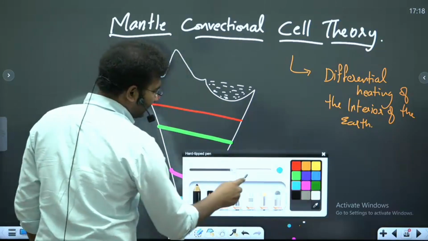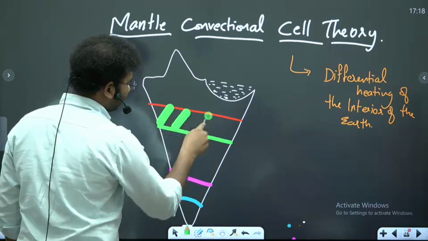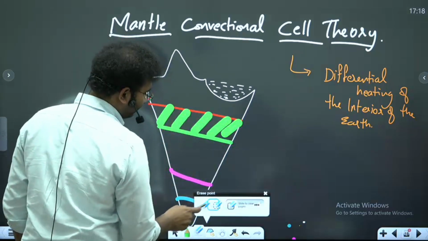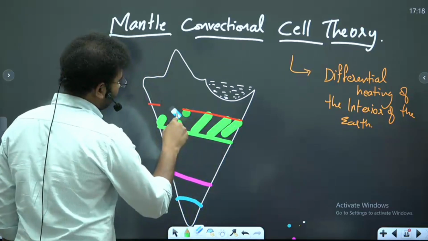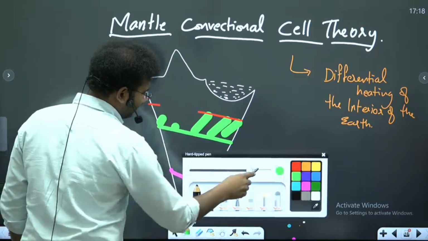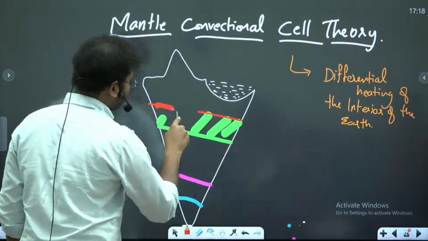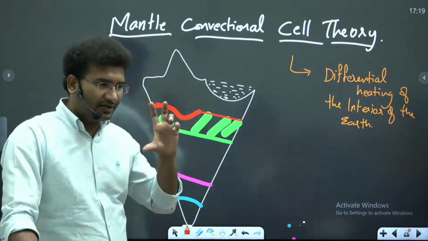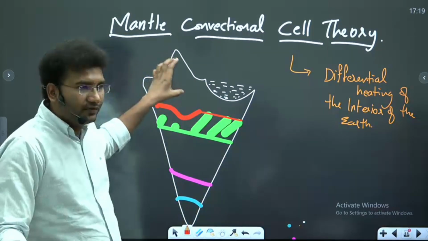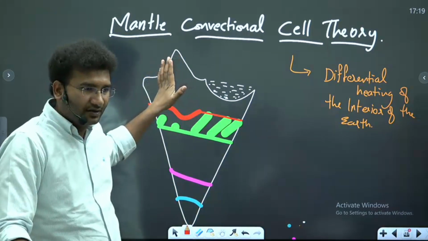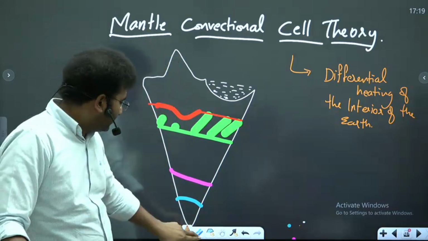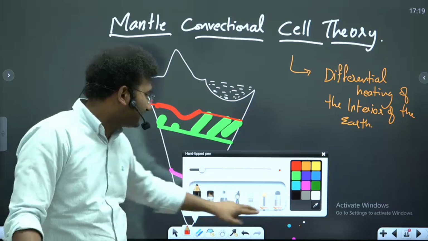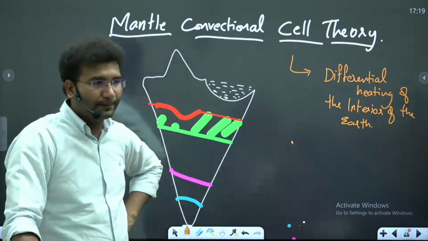So this is your asthenosphere, right? And this asthenosphere, I told you, it has a shape. According to the weight, it keeps on changing. The lithospheric depth depends upon what kind of material is present, right? So what is the density of these materials? Are they increasing or decreasing as you go into the interior?